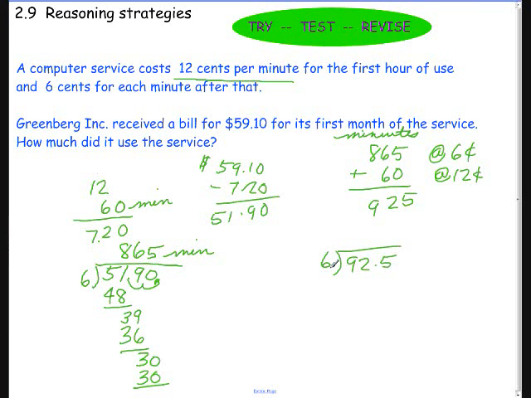Notice all I'm doing, I'm dividing by 6 and I'm moving this decimal point. And we'll figure out how many hours. Why would we talk about minutes when there's so many of them? We'll talk about hours. 6 goes in, so we're talking about 15 hours and 25 minutes.